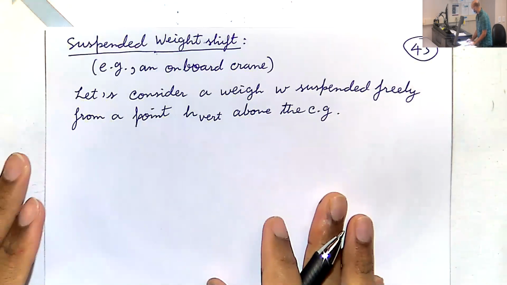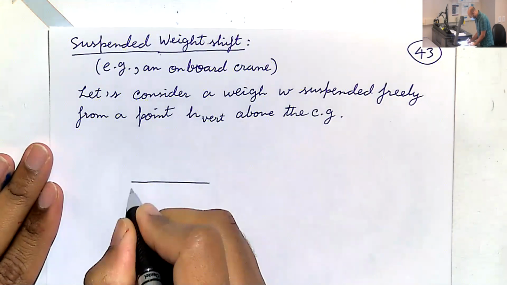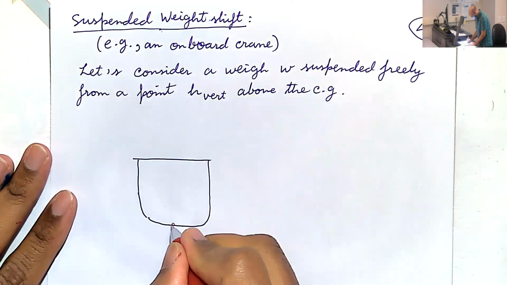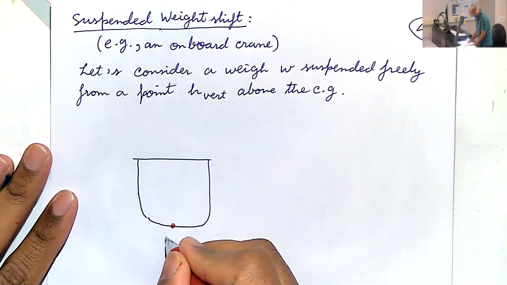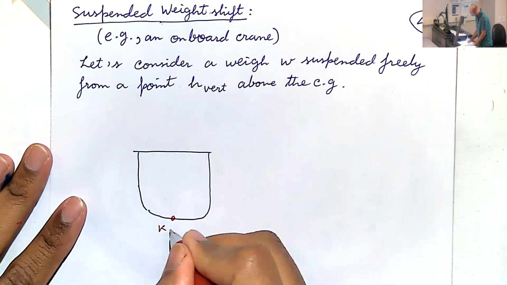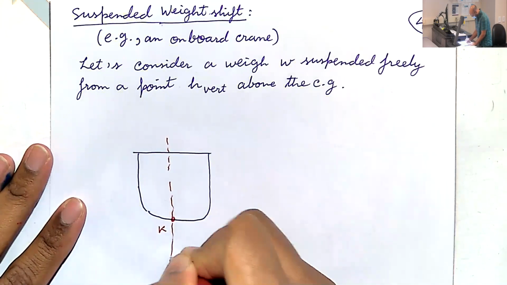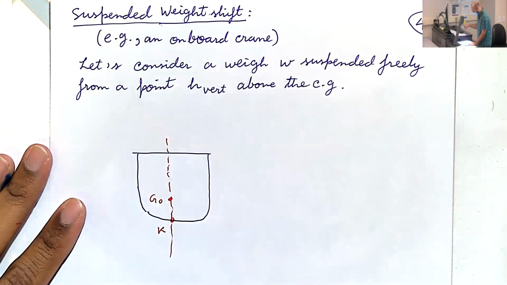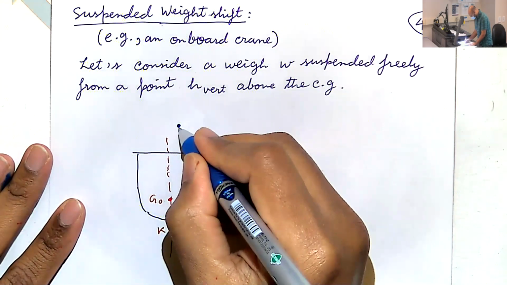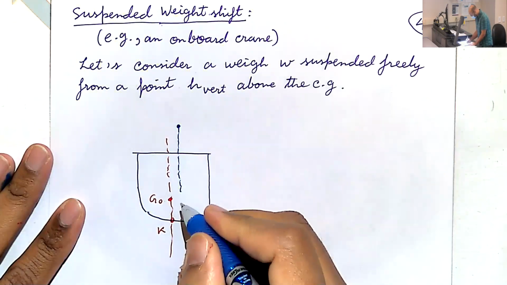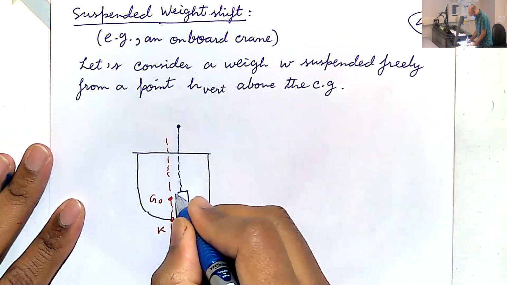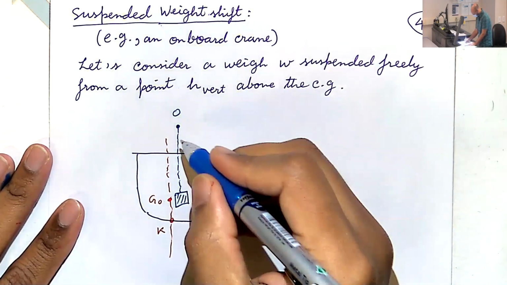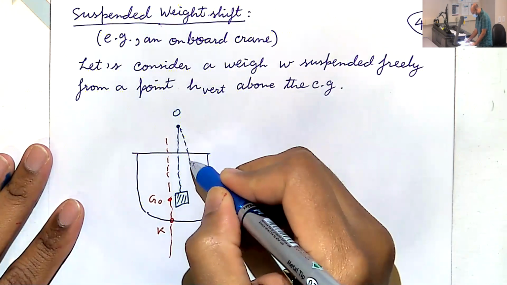And let me draw a sketch of that. Let me say my crane is located here, with its containers hanging from some cables at this loading point O. And basically, you've created a pendulum now.